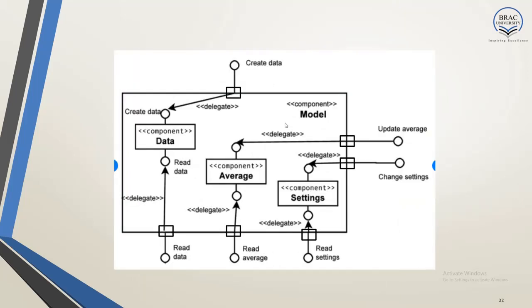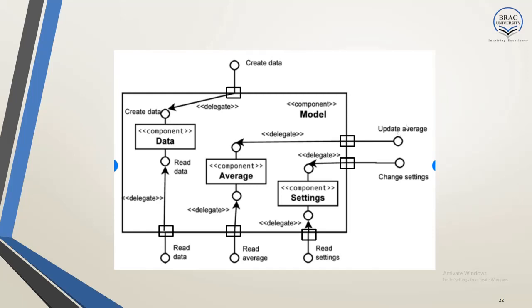Now, if we look at the model component, there are multiple nested components within the model component itself, like the component which handles the data part, the component which handles the average part, and the component which handles the settings part.